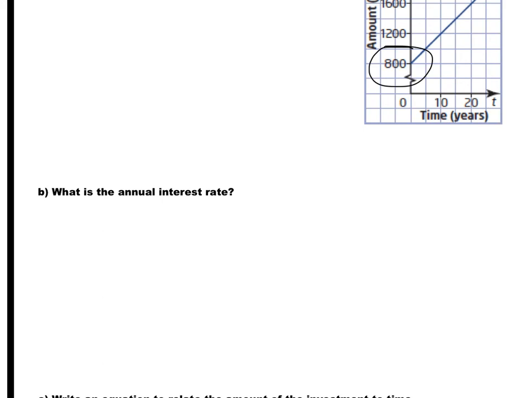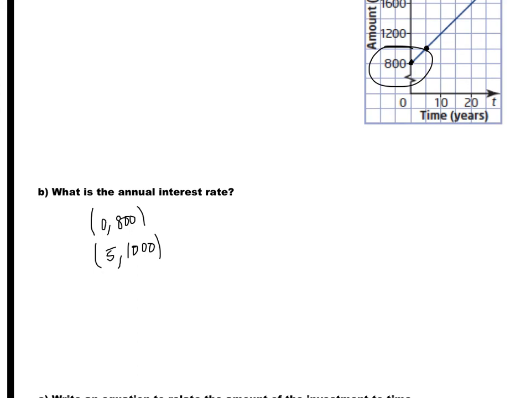To do that one, we are going to pick 2 points. Let's say the first point that I am going to pick is this one with the coordinate 0 and 800. And I'm going to pick this point, which is going to be with the coordinate 5 and 1,000.